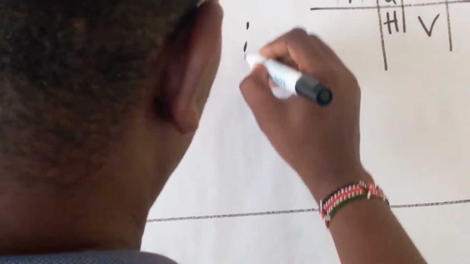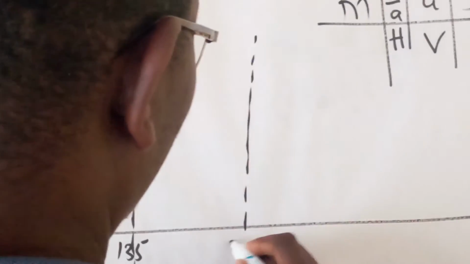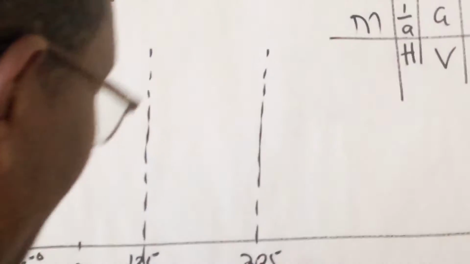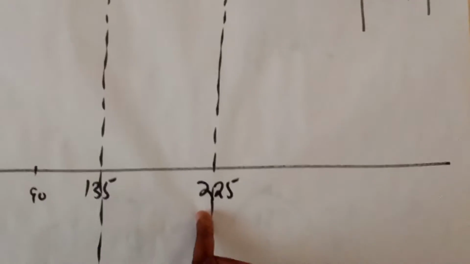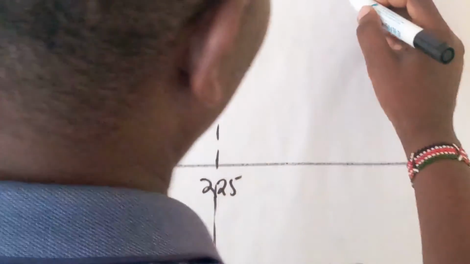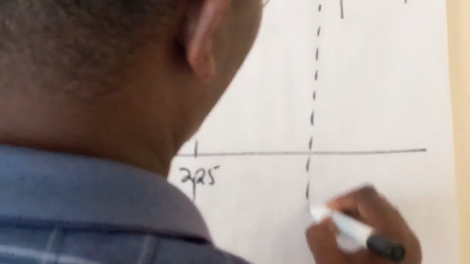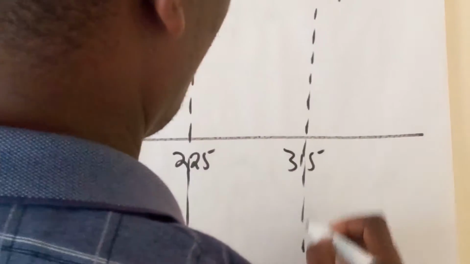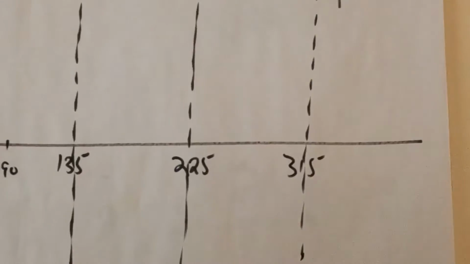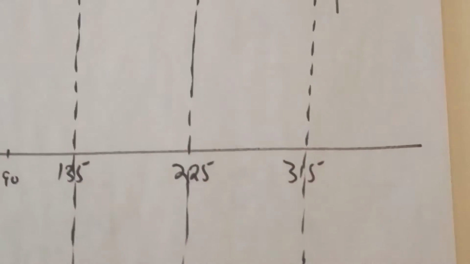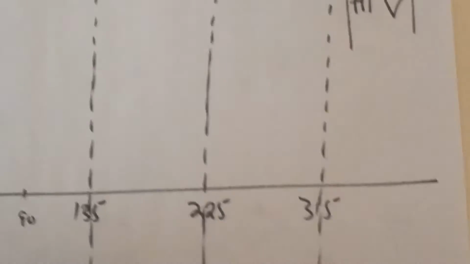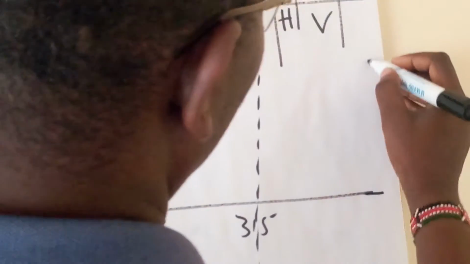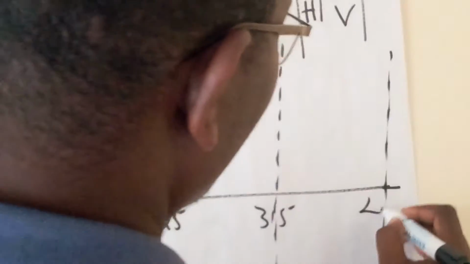The next one, 225 plus 90, is 315. And the next one, 315 plus 90, is 405, so to speak. So the next one is going to be at 405.